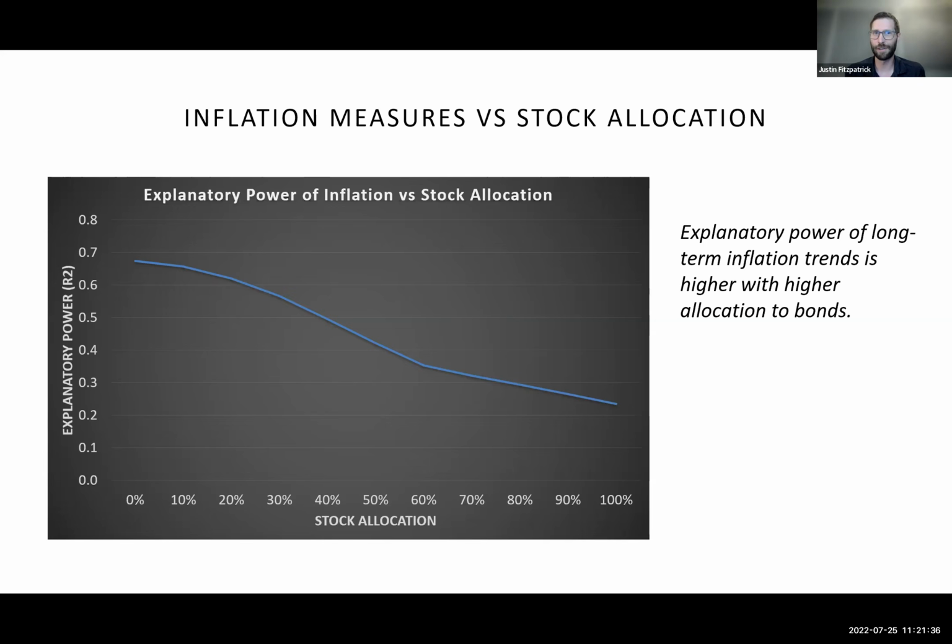I would also say inflation is very important for people who have income streams that are not tied to inflation. So, let's say Social Security is tied to inflation, but many people would have a nominal, meaning not adjusted for inflation, pension from work. And so for a plan that relies heavily on such a pension, we would also see extremely high explanatory power.